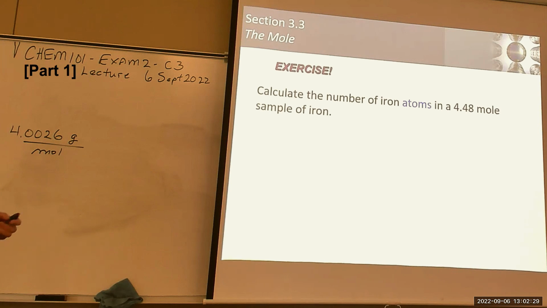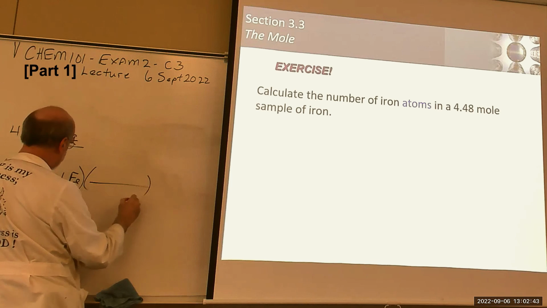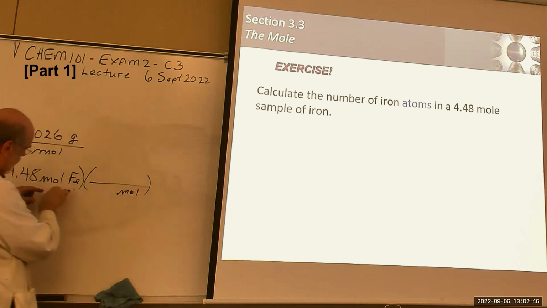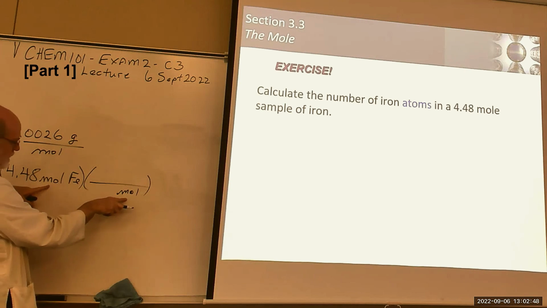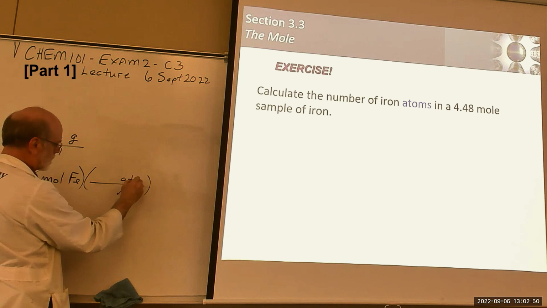Iron atoms where you have 4.48 moles of iron, and you want to know how many atoms that represents. So you need a conversion factor that will cancel moles, numerator, denominator, and leave you with atoms.